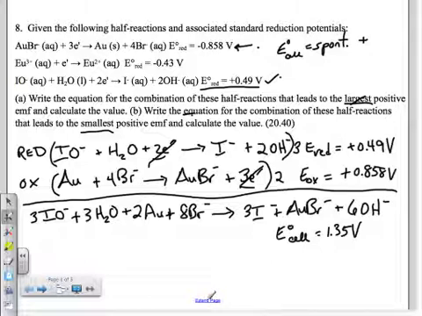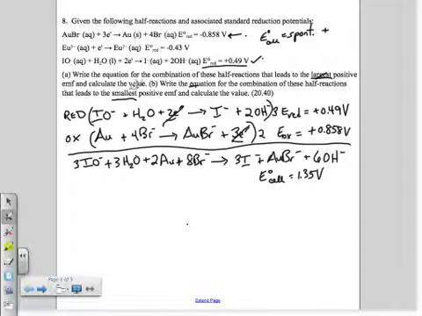Moving on to B, where we're going to combine 2 half reactions that give me the smallest positive EMF. Okay, so the 2 that are the closest together would give me the smaller EMF total. So I'm going to stay with that reduction, so I don't have to change anything in my reduction half reaction.